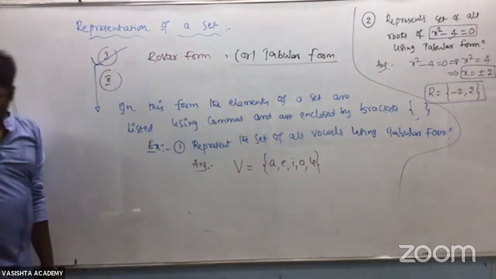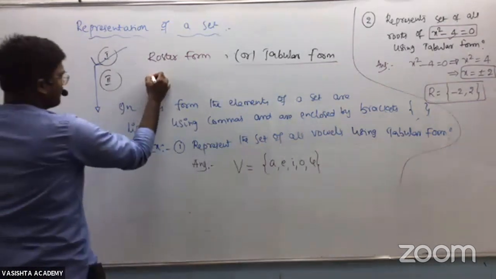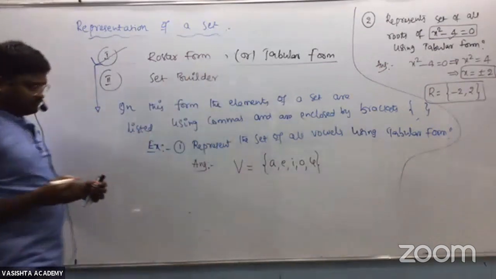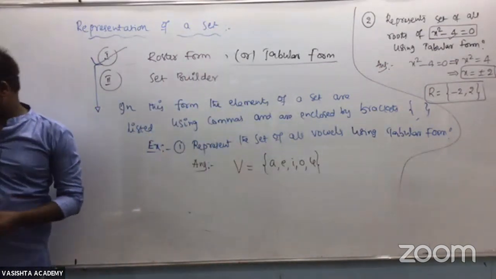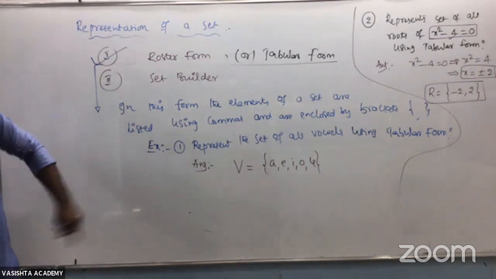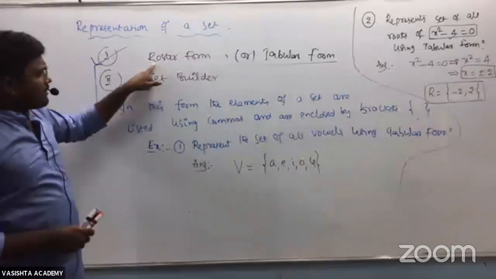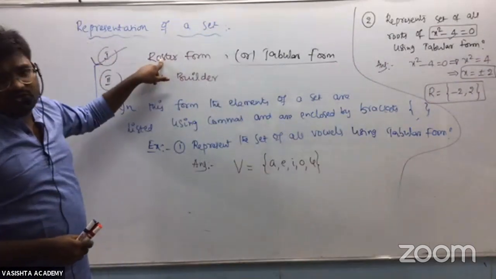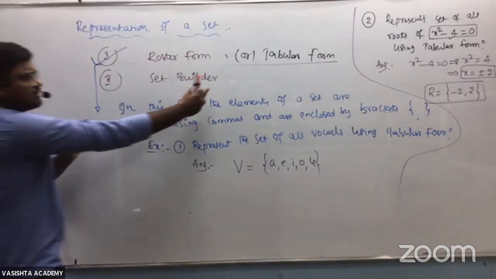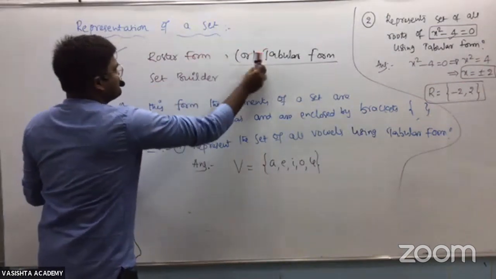Second one is set builder. Right? Just change the names. Tabular form is also called roster form. And second one is set builder. These two are not the same. These two are the same.